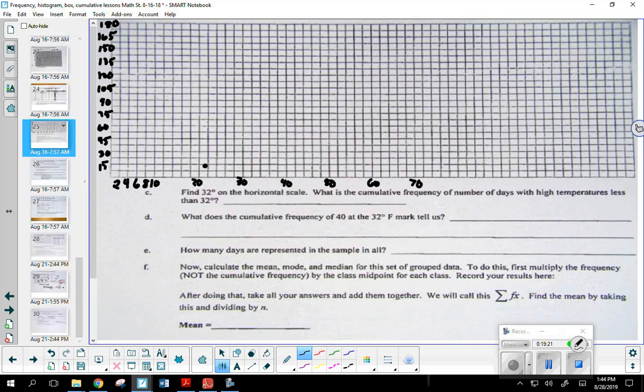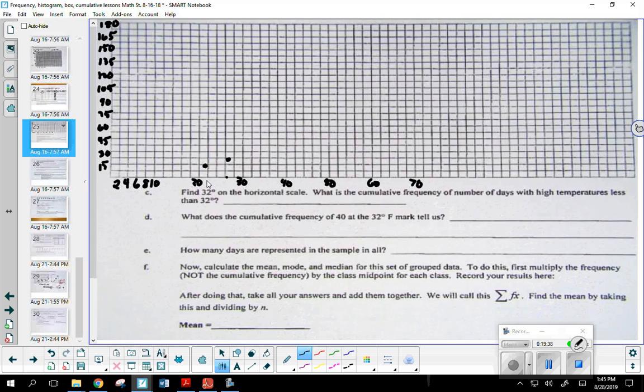Let me go back. 26.5. So let's see here: 22, 24, 26.5. So probably right about there. And then I want to go up to 20, so maybe a little short right here, right about there.